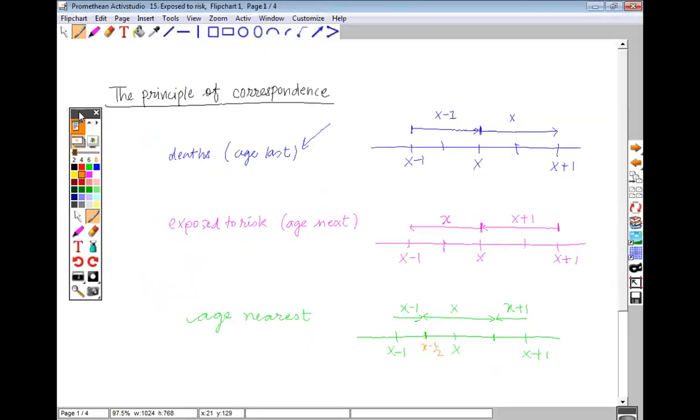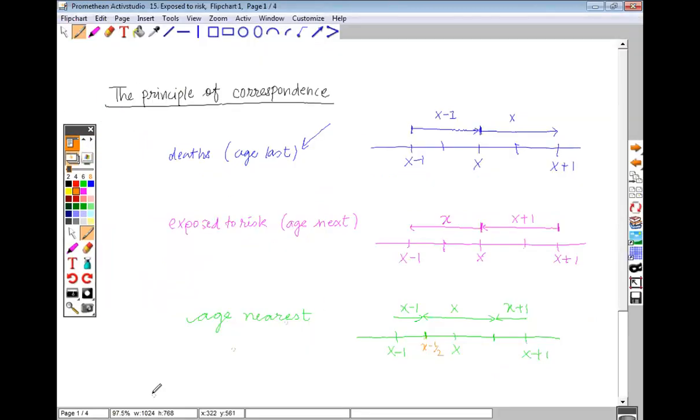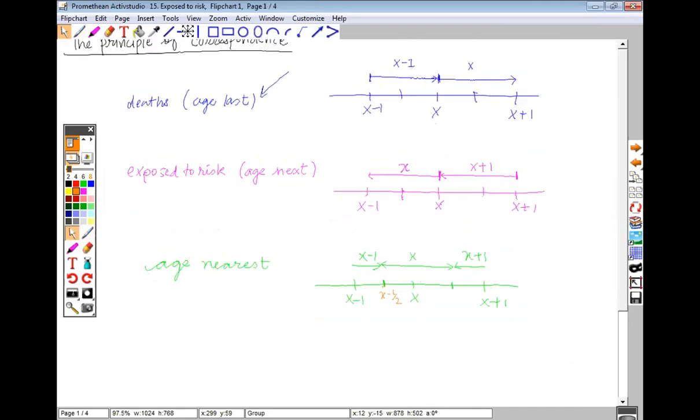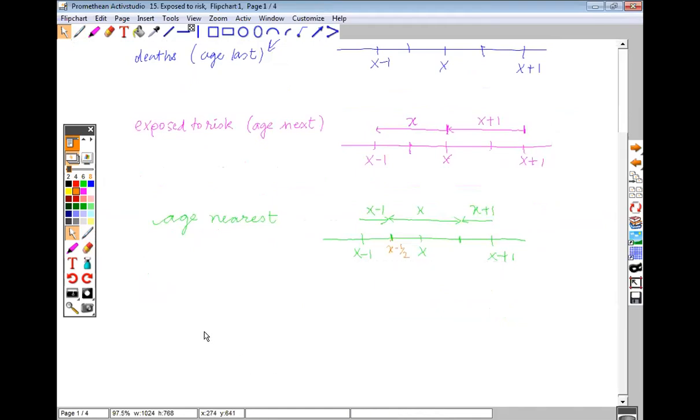Okay, so now we saw this nice principle of correspondence, and I want to shift everything somewhere here, so that I can get some space here.